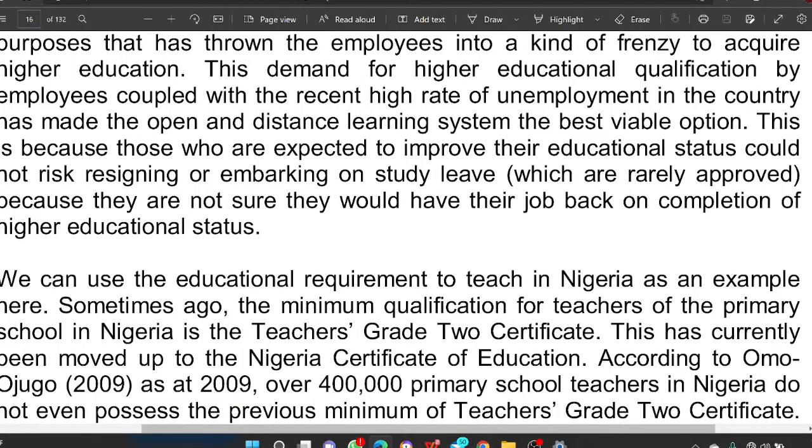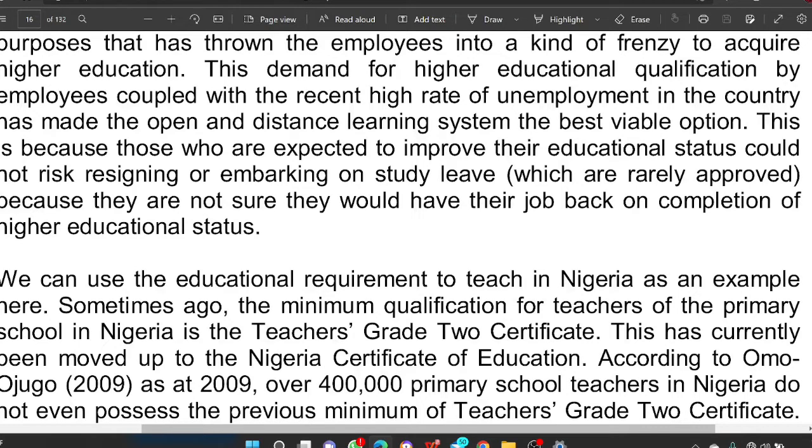This demand for higher education qualification by employees, coupled with the recent high rate of unemployment in the country, has made the open and distance learning system the best viable option. This is because those who are expected to improve their educational status could not risk resigning or embarking on study leave, which is rarely approved because they are not sure they would have their job back.